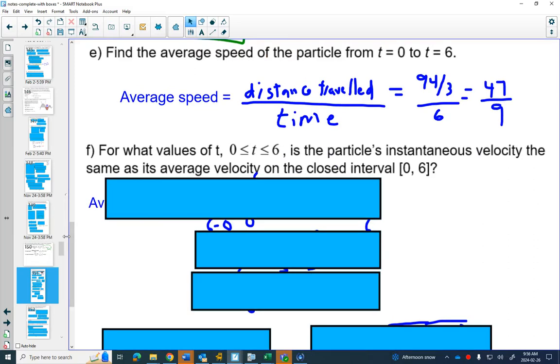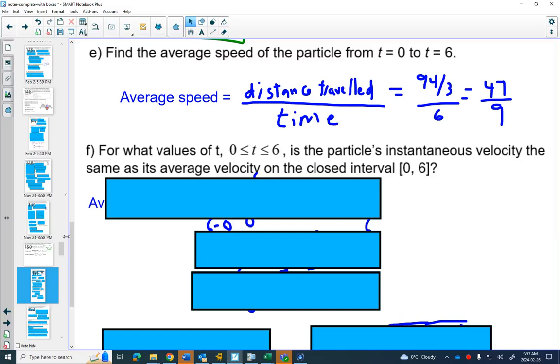And then finally, for what values of t is the particle's instantaneous velocity the same as its average velocity? Okay, so now, instantaneous velocity, that's related to the derivative. The average velocity we already figured out, and that average velocity doesn't change.